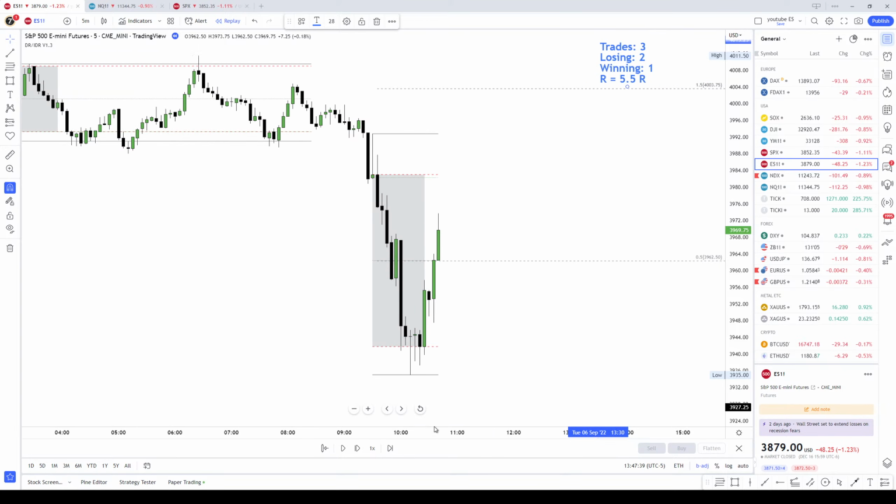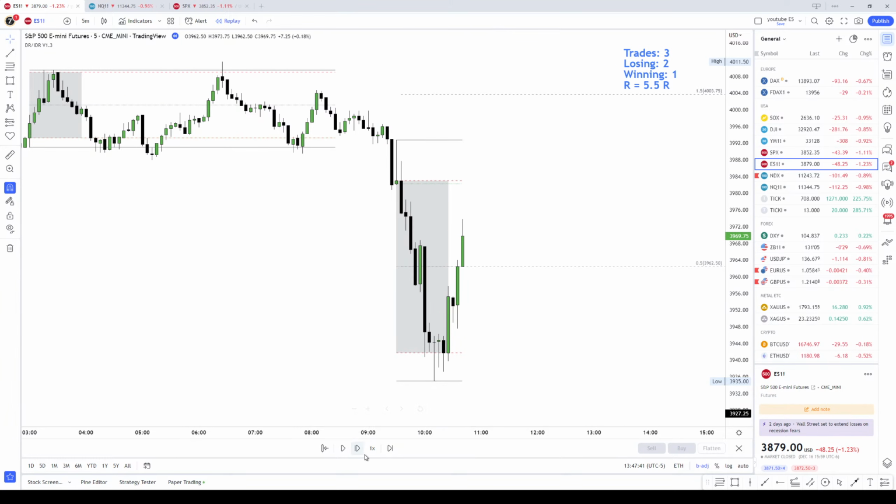So I wouldn't consider a long without a confirmation in this case, but that could be something you could look for. Would I go for a short here? No, because I don't have any confirmation, not even an early confirmation. So no, nothing interesting yet.